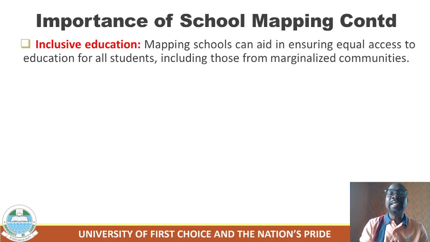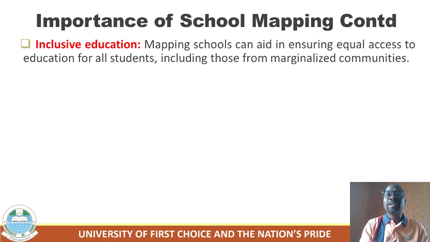And that is why, in one of my previous lectures, I said that we want to create access in such a way that a particular school will not be dominated mainly by advantaged students, or a particular school will not be dominated mainly by marginalized people. So to promote inclusive education, we need school mapping, because mapping out schools can aid in ensuring equal access to education for all students, including those from marginalized communities.